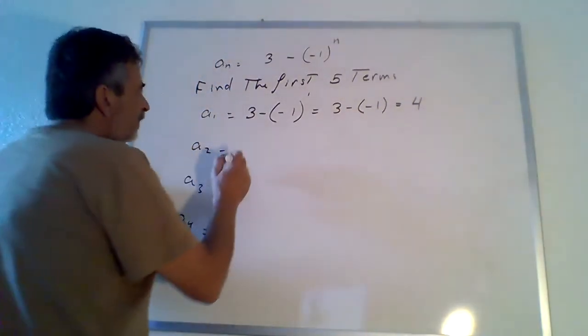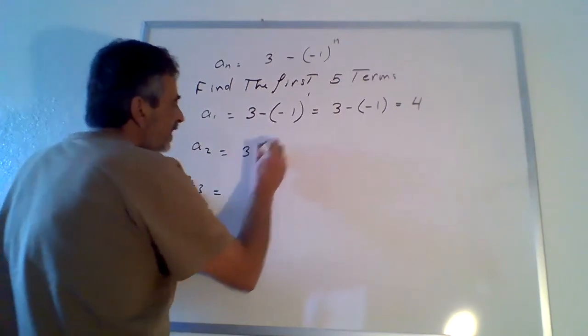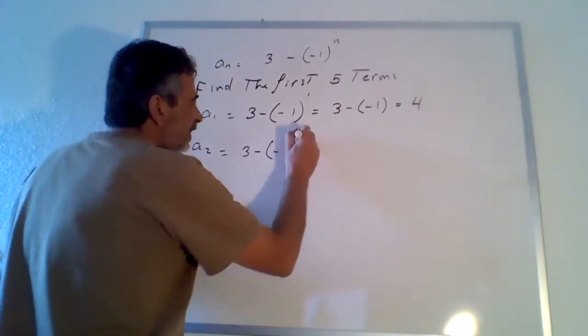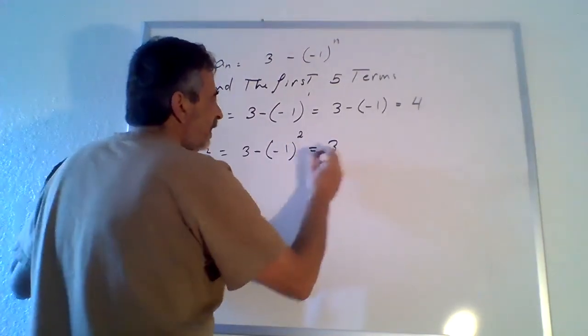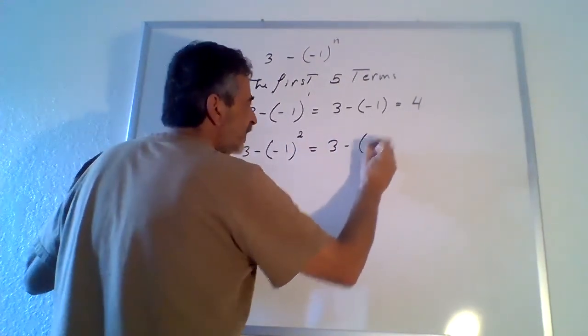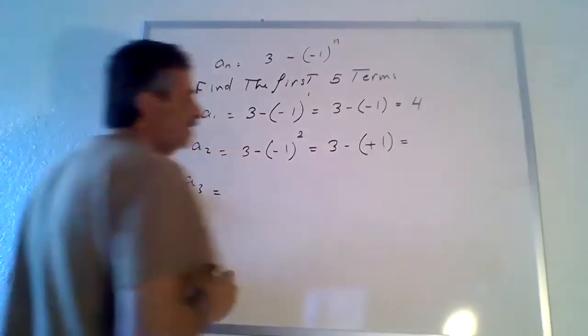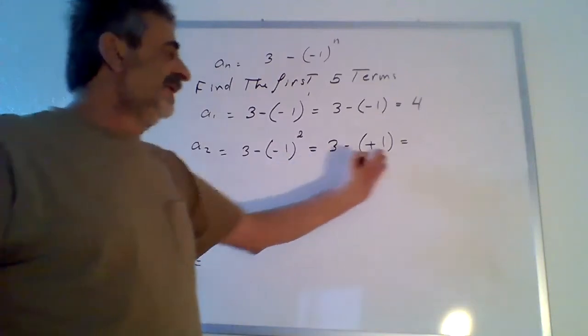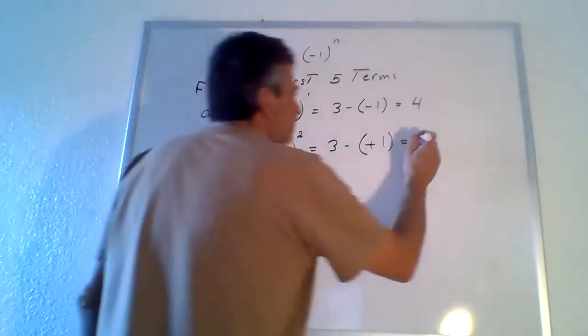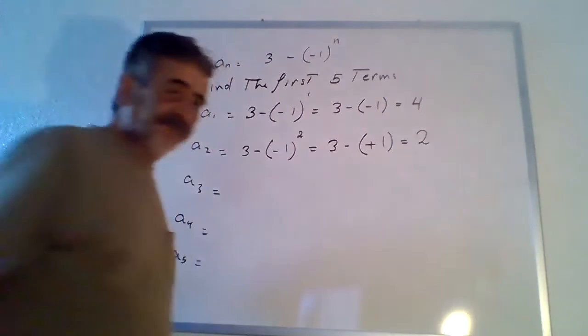For the second one, we have 3 minus (-1) squared, which is equal to 3 minus 1. Because (-1) squared is a positive 1, we subtract, and that gives me a 2.